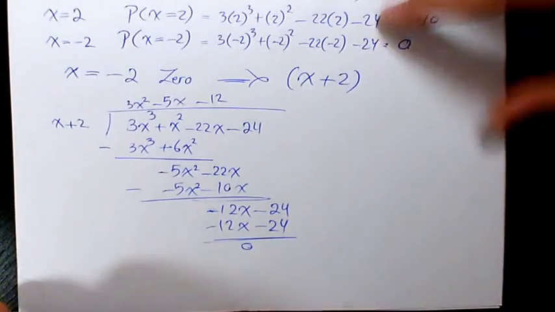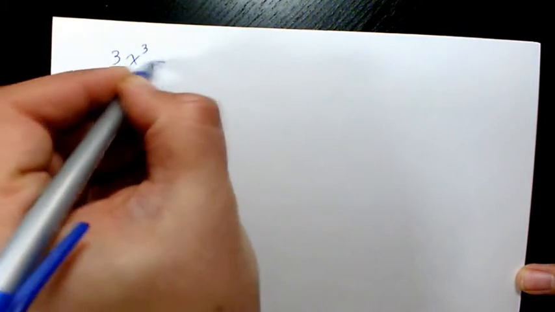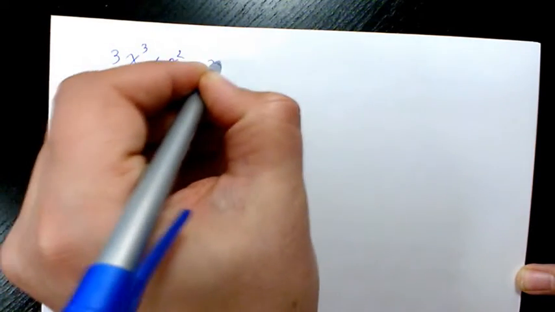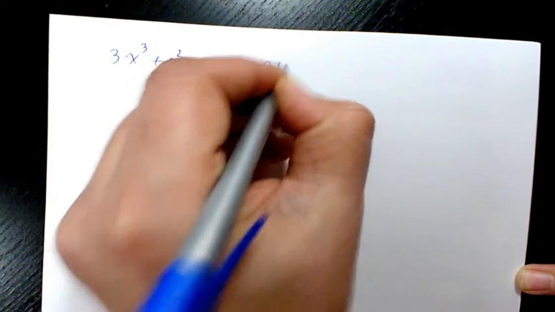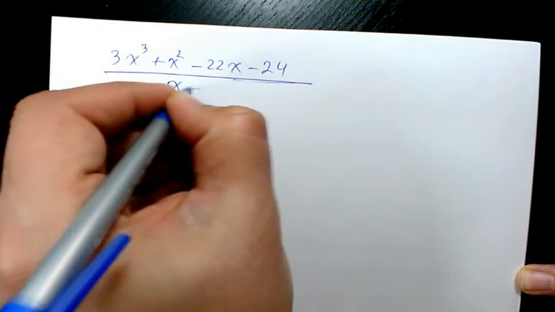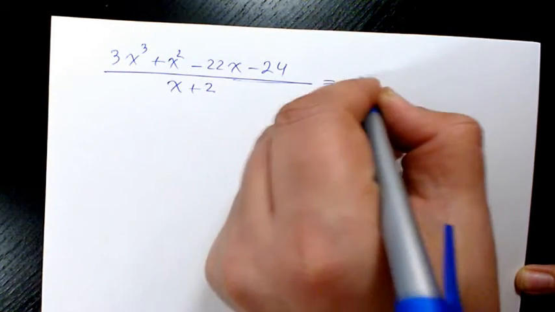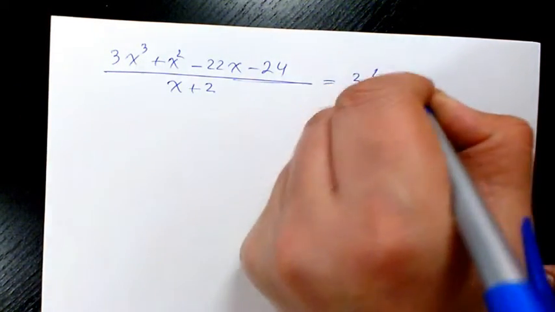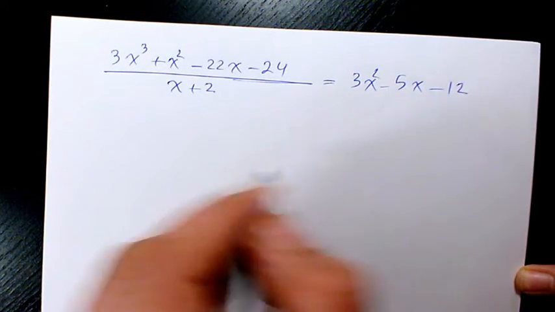So basically we can say 3x cubed plus x squared minus 22x minus 24 divided by x plus 2 is going to give us 3x squared minus 5x minus 12.